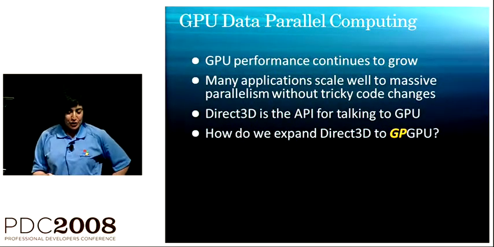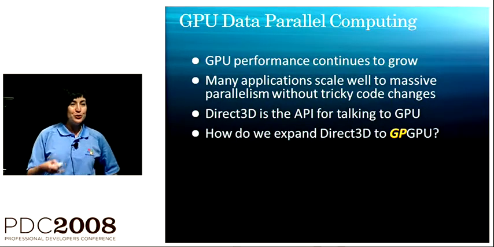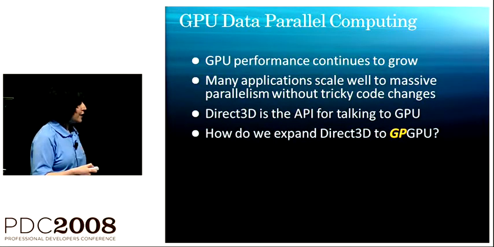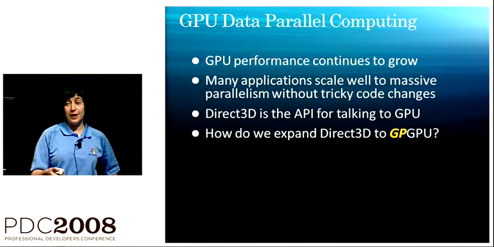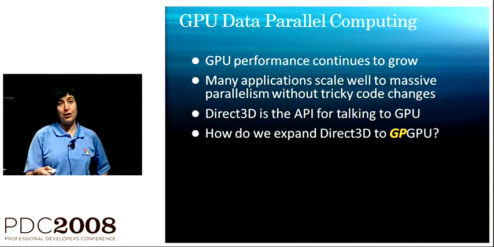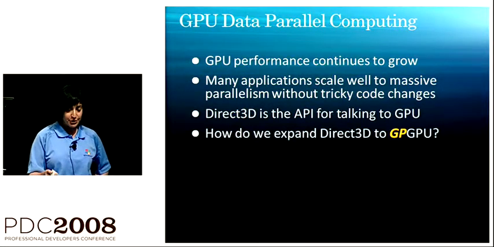These kinds of things are what lead people to look at the GPU for improved data parallel computation. If you've attended any of the other parallel computation courses here at PDC, everybody's saying, look, the CPUs aren't getting faster. We can't rely on that anymore for improved performance. But the GPU performance continues to grow.